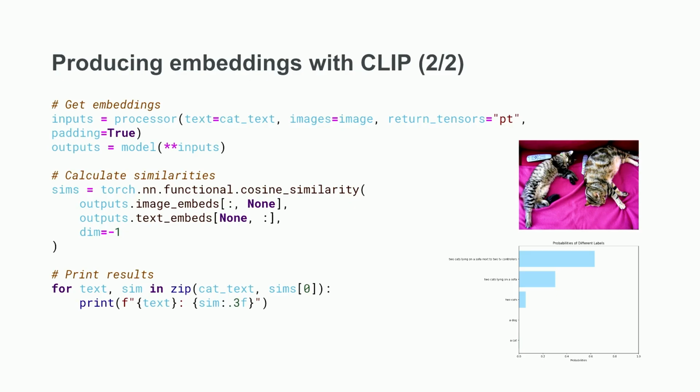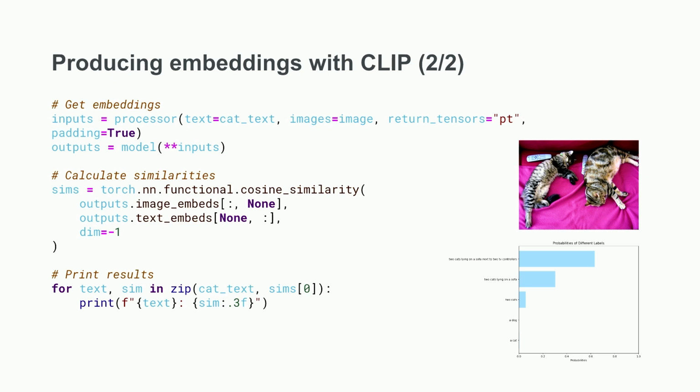And the example shows how classifying an image of cats using different prompts is going to have a higher probability the more specific we make the prompt. So if we make this prompt being 2 cats lying on a sofa next to 2 TV controllers, this is going to have the highest probability.